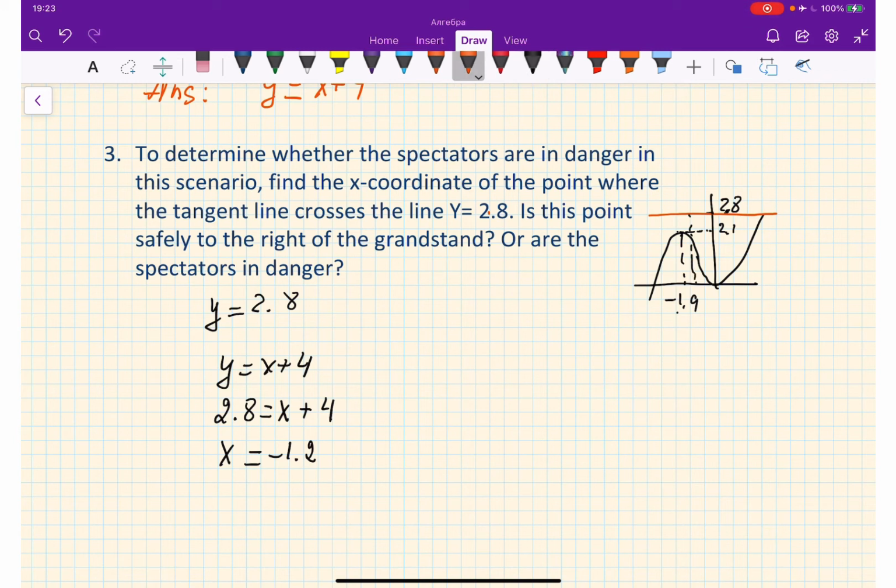I'm going to use this color. So assuming this is negative 1.2, okay?